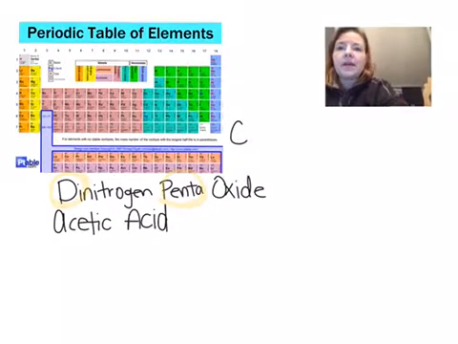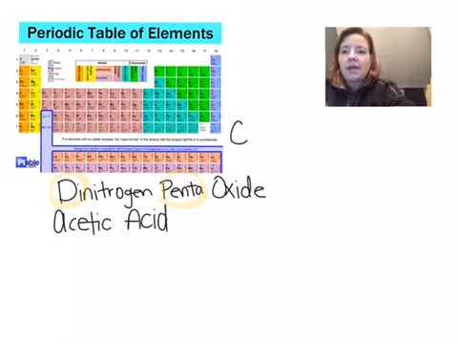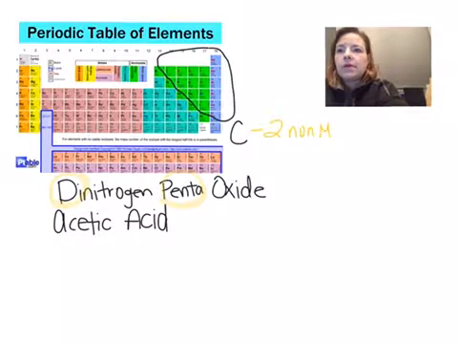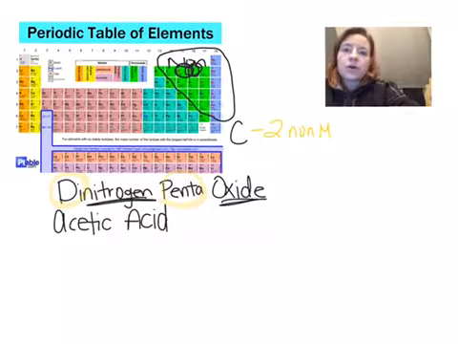Well, a covalent compound is going to be a compound that is 2 non-metals. And on our periodic table, we have to know that our non-metals are located over here. So these are going to be all of your non-metals. So we should notice that this particular one is nitrogen, which we can see is right here, and oxygen, which we can see is right here, 2 non-metals. So it's a covalent compound.